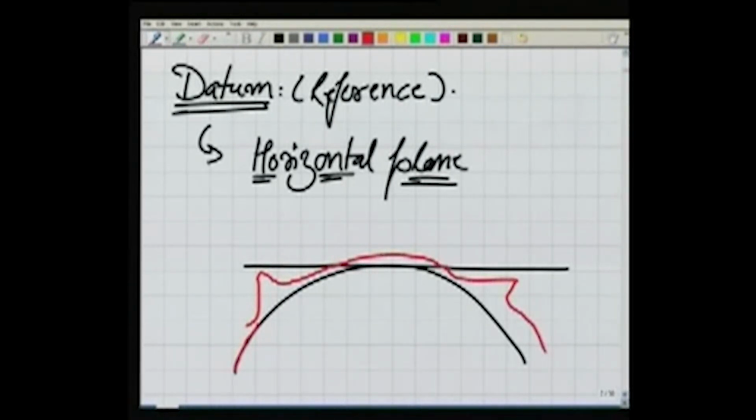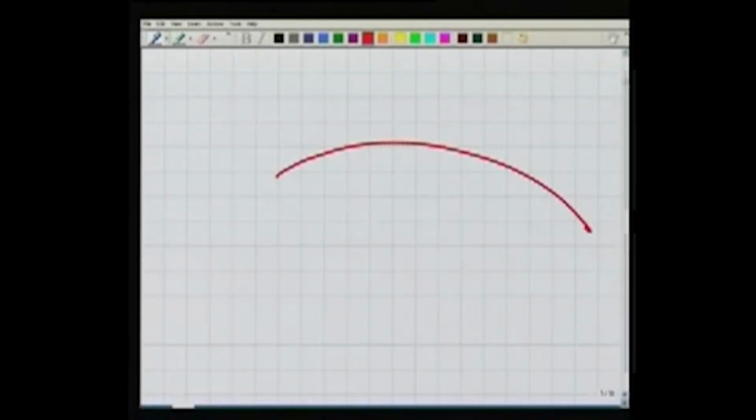Well, if the area of my work is very small, we can always take a horizontal plane as my reference, because we have seen before also that the tangent from the earth deviates by 8 centimeter in 1 kilometer.